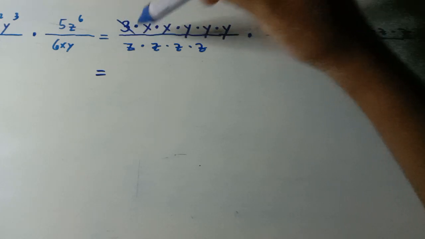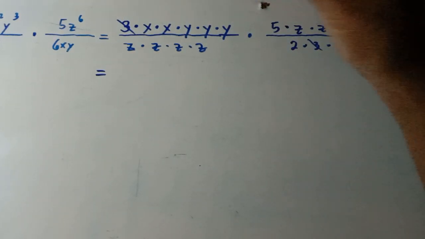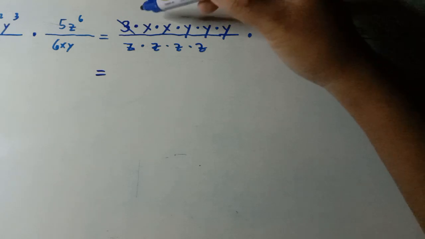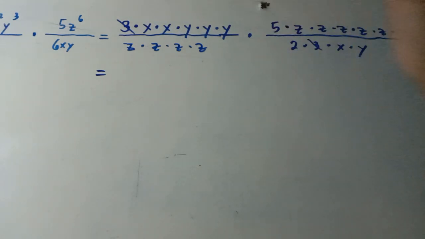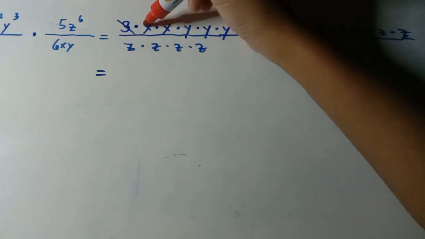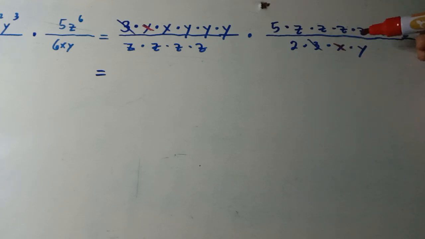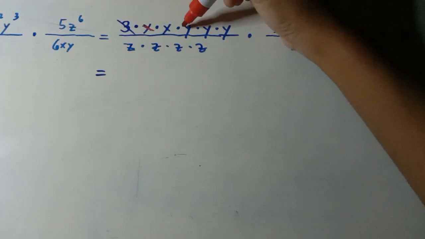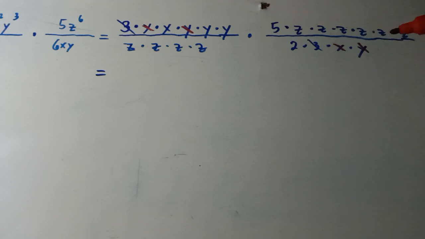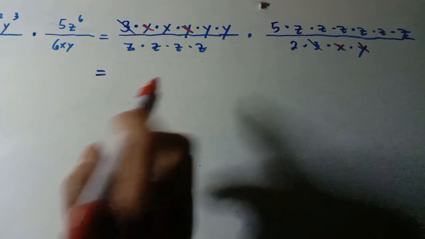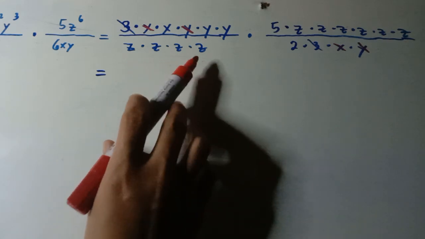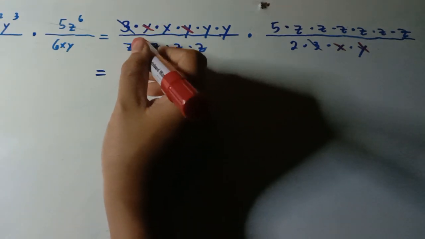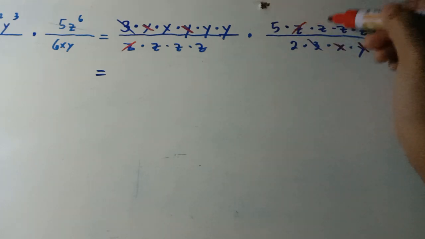So we are going to cancel 3. We have x, cancel x and x here, and then 1 y and y. Next, we have for z, cancel.